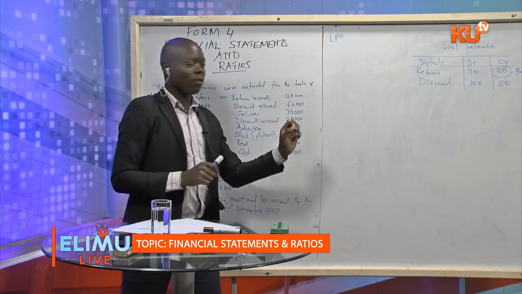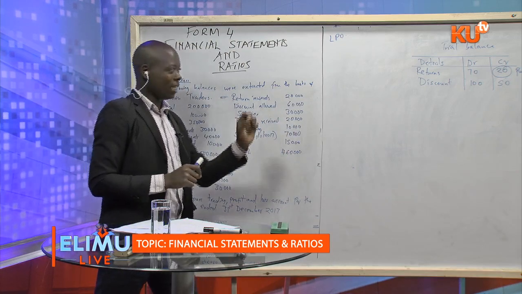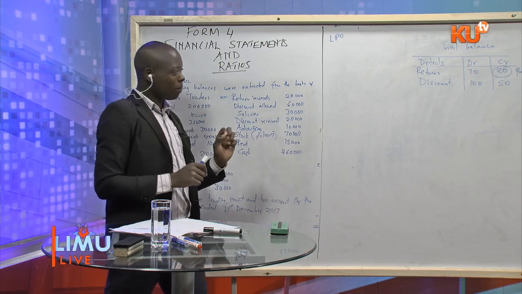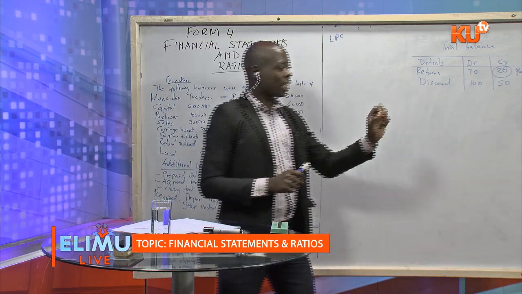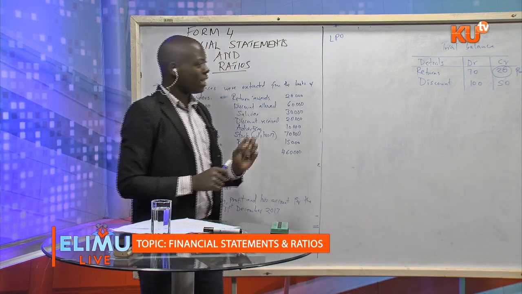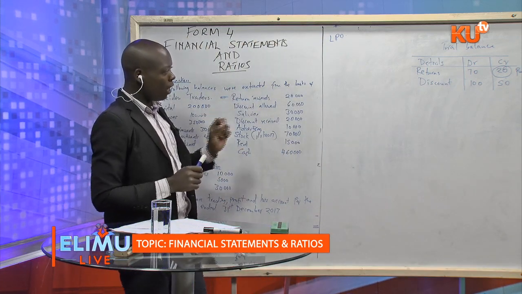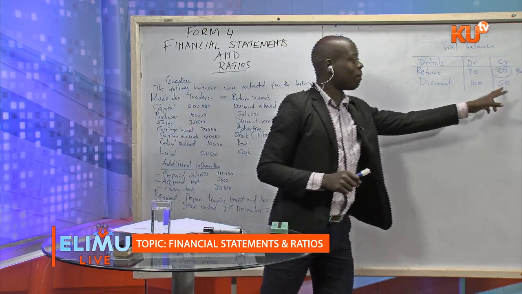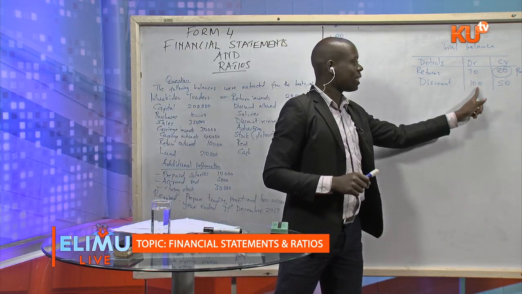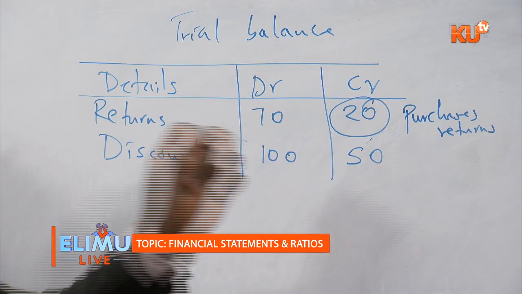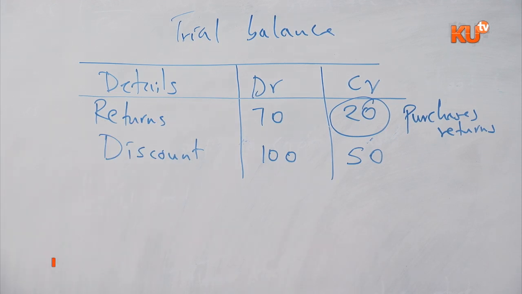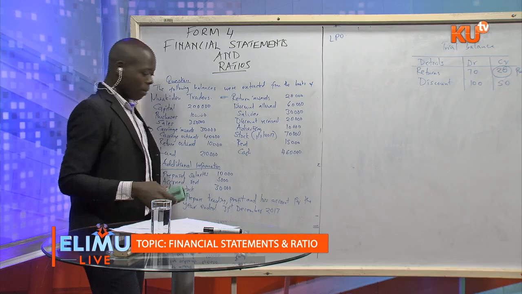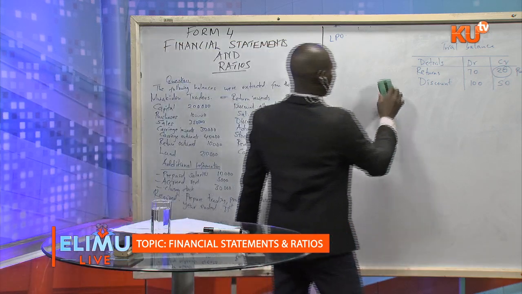Get to know what a discount allowed to the business is. It's an expense. All expenses have debit balances. Discount received to a business is an income. And all incomes or revenues have a credit balance. So you'll be able to tell this is discount allowed and this is discount received. That is how we identify such kinds of tricks that the examiner may bring to students.